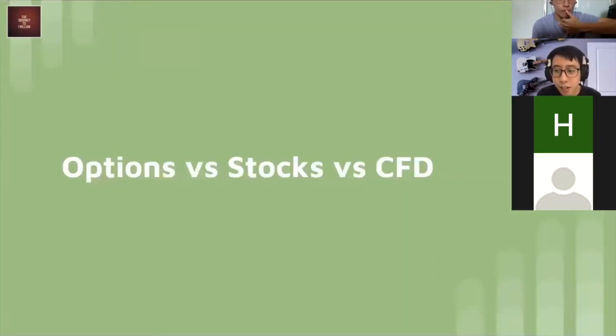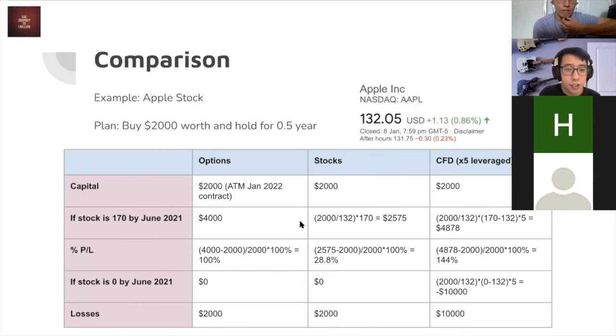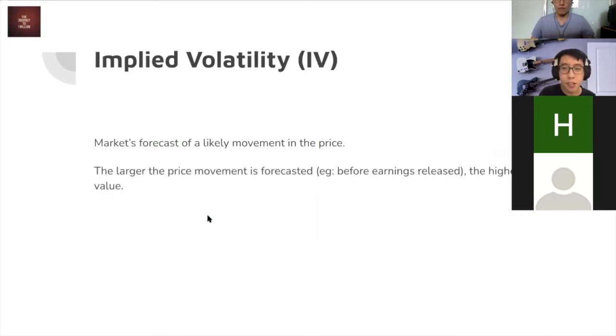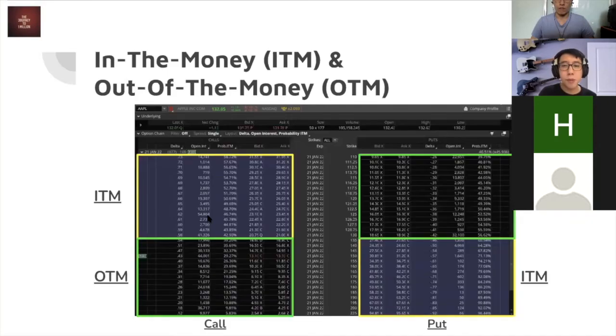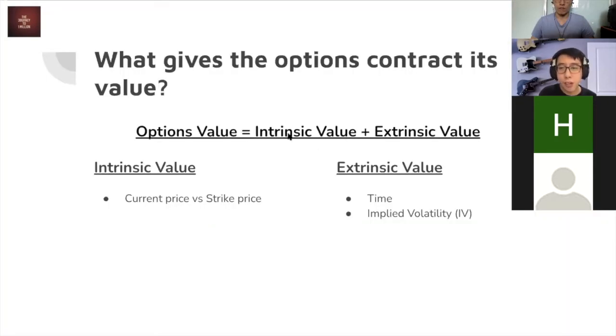So I see a question from Han Yang. How is the 4,000 derived? The 4,000 is just an example used in this situation. Normally, the value of options is derived, as I mentioned over here, from intrinsic value plus extrinsic value.